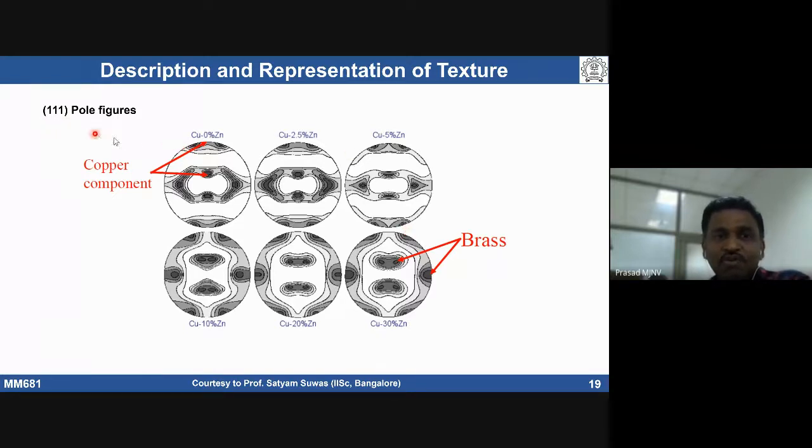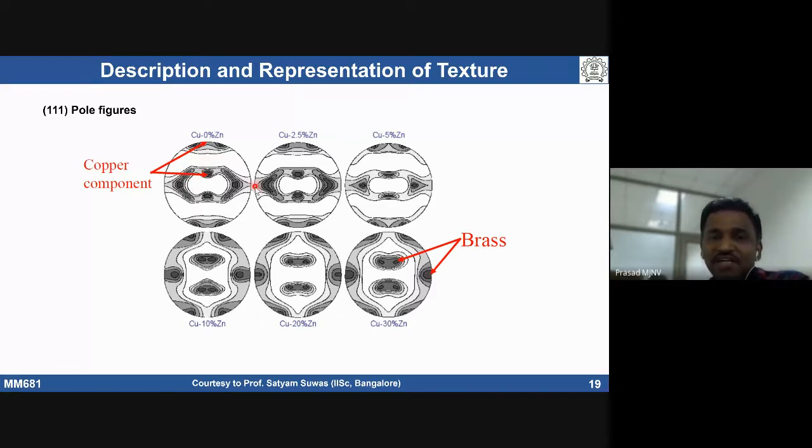If you take a 111 pole figure from X-ray diffraction and look at the intense poles, the pattern is gradually changing, and it is completely different here. Brass has a different appearance than copper.